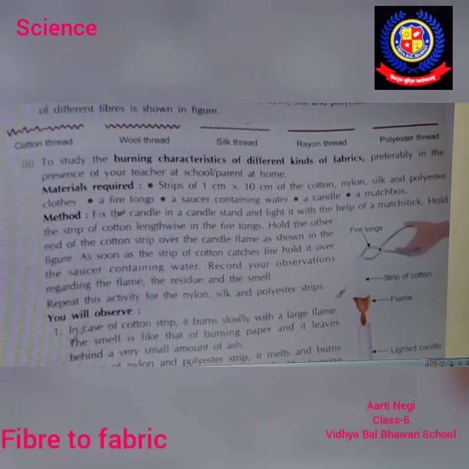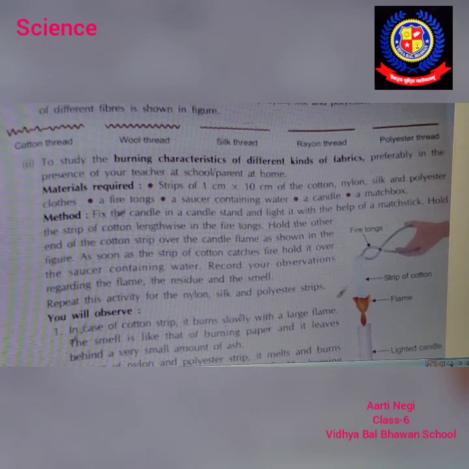When these materials start burning, you will find that the cotton strip burns slowly with a large flame, smells like burning paper, and leaves behind a very small quantity of ash.